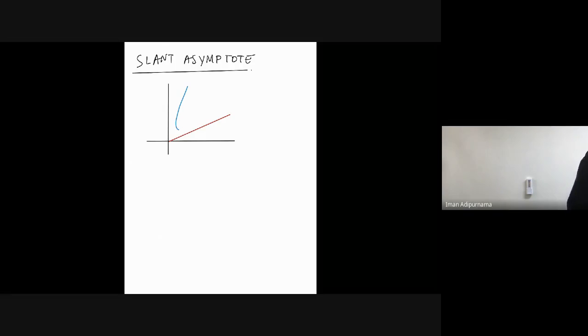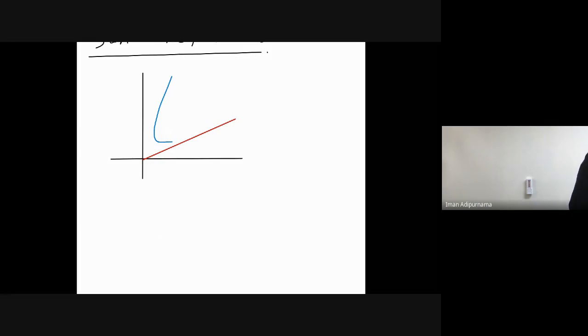They make it closer to the function. Okay. So the blue color will be our function f(x). And our red line, I will note this as mx plus b. Okay. Just a linear equation.